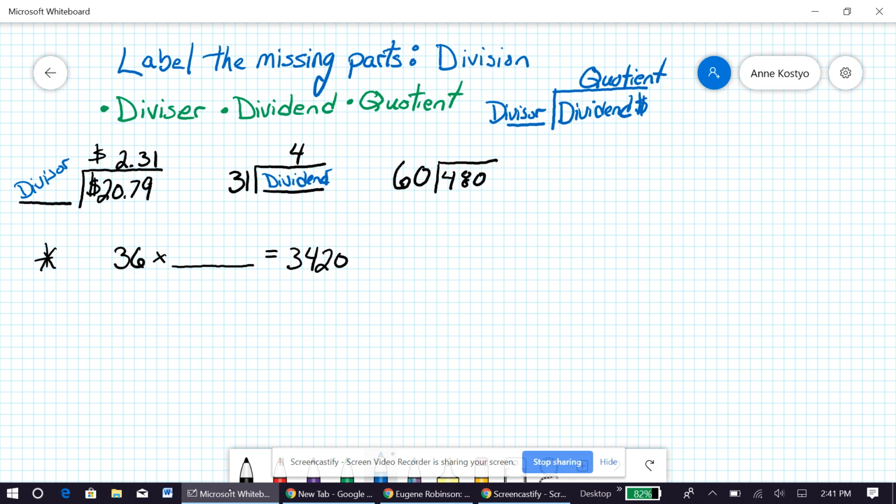Well, we know that 60 is our divisor, and we know that 480 is our dividend. So we want to know how much will be in each pile of 60. And we know that will be our quotient.